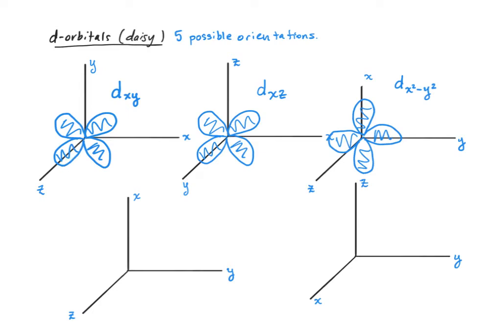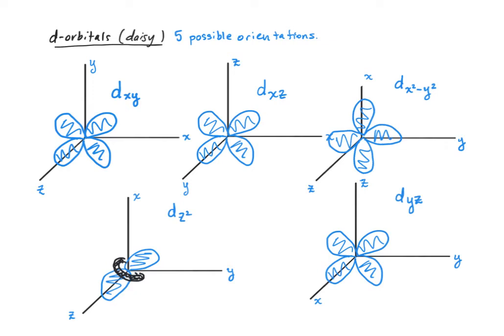Next, I'm going to skip down to the bottom right, and we're going to draw an orbital that exists between the y and the z axis. We call this orbital the dyz orbital. And lastly, we'll draw an orbital that looks kind of strange compared to these cloverleaf shapes. This will be called the dz squared orbital, and it looks like this. This is a 2-lobed orbital surrounded in the center by a halo, the dz squared orbital.